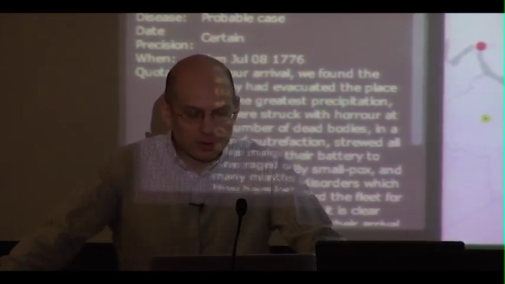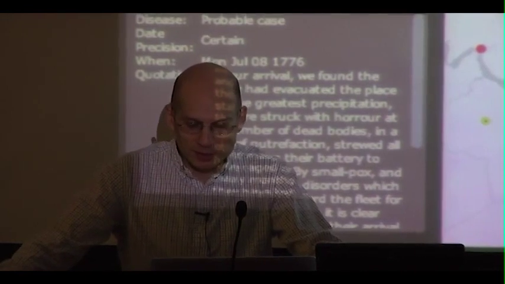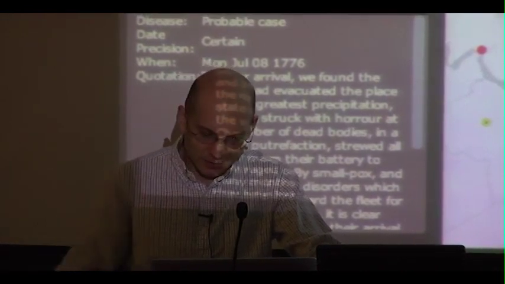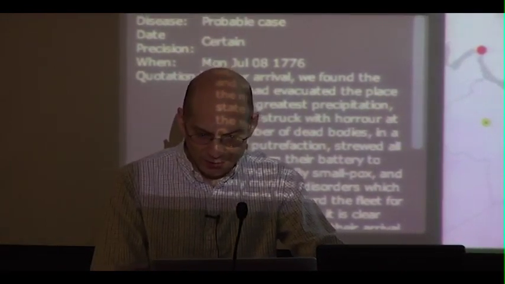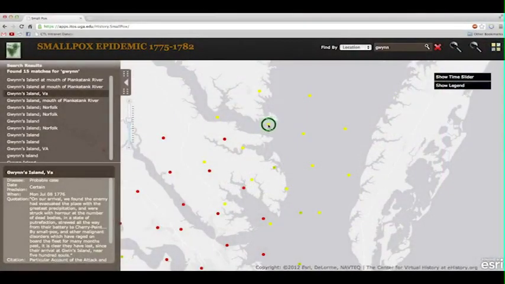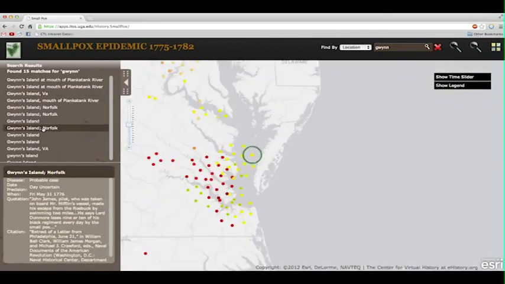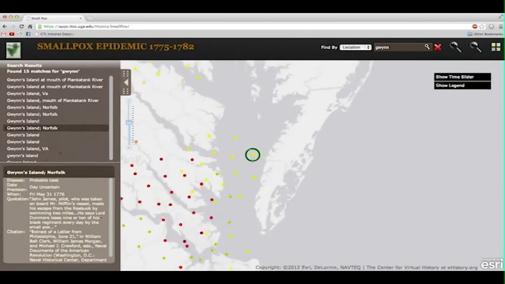So Dunmore relocates the Ethiopian Regiment to this little island, Gwynn Island, and they continue to die. So let's take a look to see what happens there. Here's a record from May 31st of 1776.